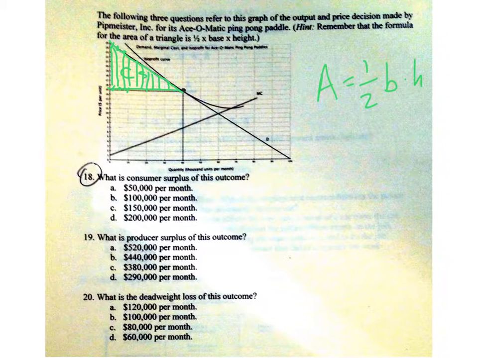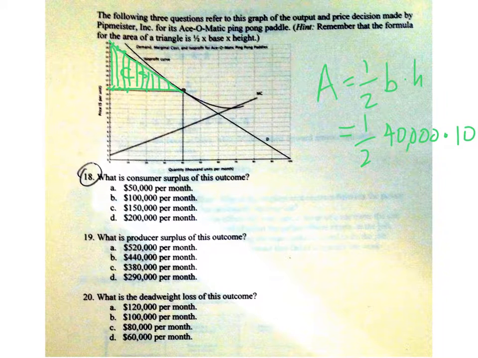and we've got a base of 40,000 are sold, so 1/2 times 40,000. Notice the x-axis units, that's something to pay attention to every time. And then the y-axis units are dollars per paddle, and we've got $10 per paddle.